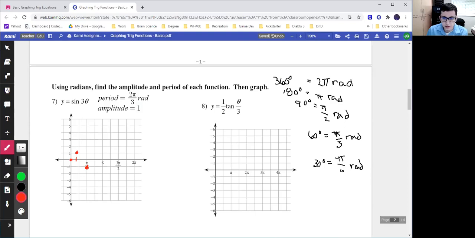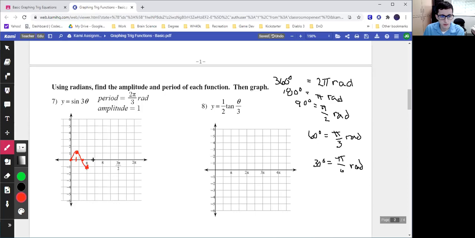And then at 60 degrees, it'll be sine of 180. So at pi over 3, it'll be like sine of 180, which will be 0. So at 60 degrees, which is about here, you have this going on. And then at 2/3 pi, or 2 pi over 3, so if this is 1/3, this might be 2/3 here.